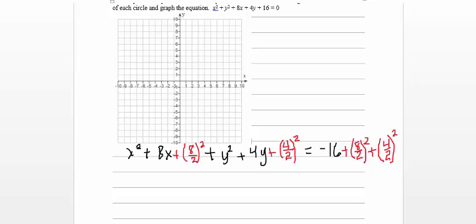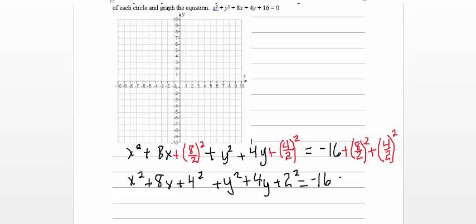All right, so I have now forced two perfect square trinomials on the left side of the equation. So x squared plus 8x plus the square of 4, plus y squared plus 4y plus the square of 2, equals negative 16 plus 4 squared plus 2 squared.